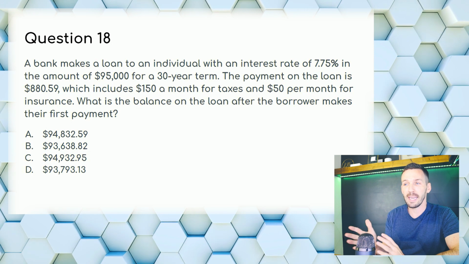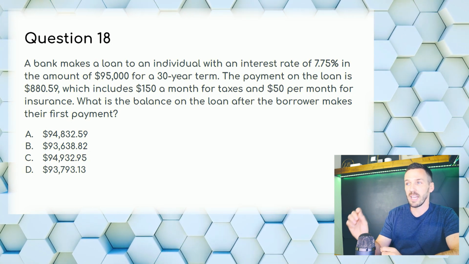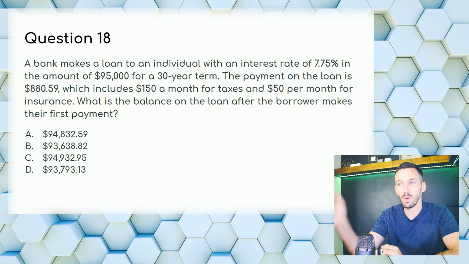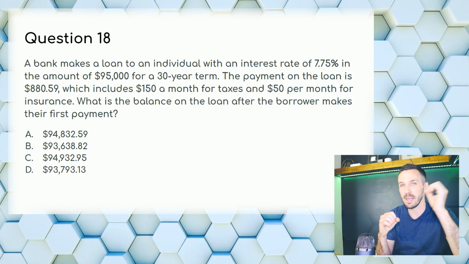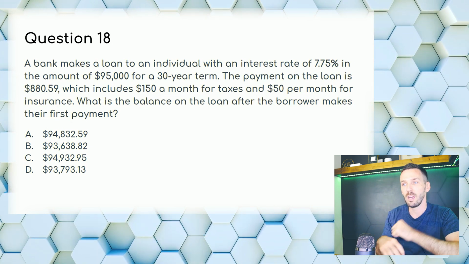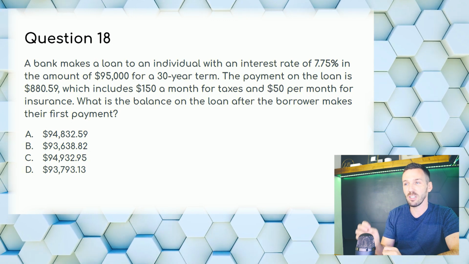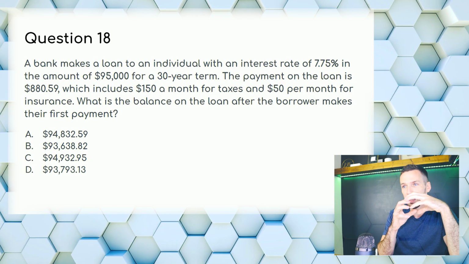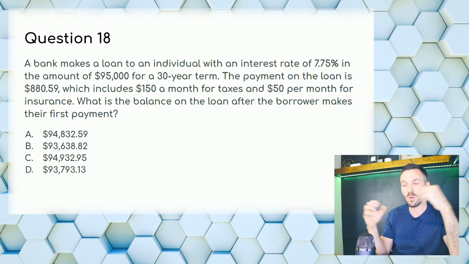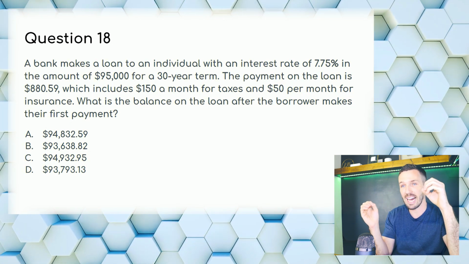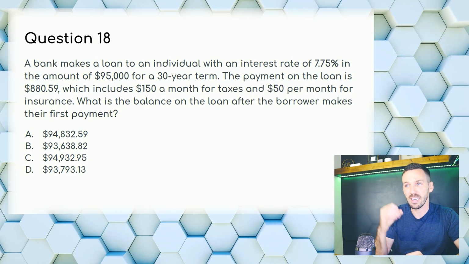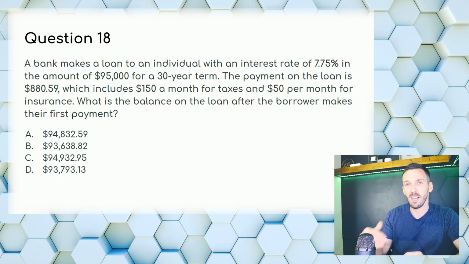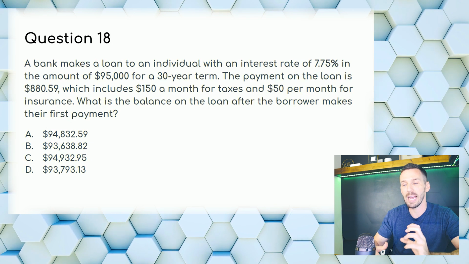So first we find the P&I, the principal and interest. They've given us the PITI. We just need to find the P by the end of this answer, the principal. So you do that by taking the $880.59 and subtracting out the $150 and the $50. So now that's subtracting out the T and the I. So that is $680.59 of principal and interest, PI.